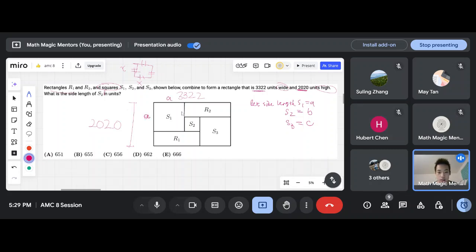This will be A, this will be A, this will be A. Before we label that A, we're going to label S2 first, and you'll see why. So this small segment right over here will be B, this will be B, this will be B, this will be B, and then we label S3 as C, except for one side length.